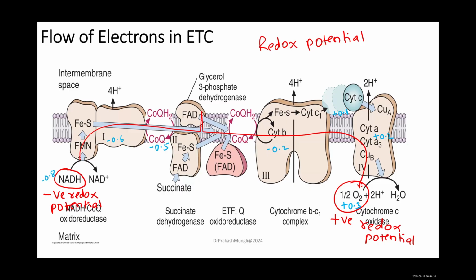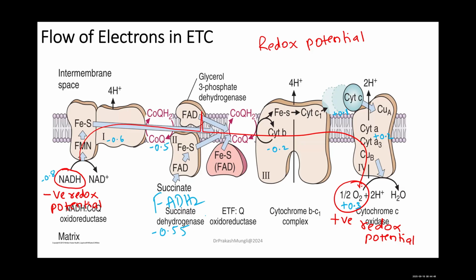Okay. Now I will introduce one more thing. There is another molecule called FADH2. This FADH2 has got a negative redox potential of, let's say, just for example, 0.55. It is all measured in volts or millivolts. This is electric potential, negative redox potential.